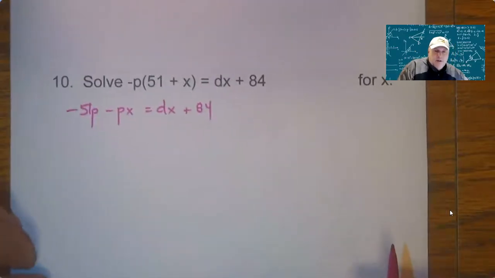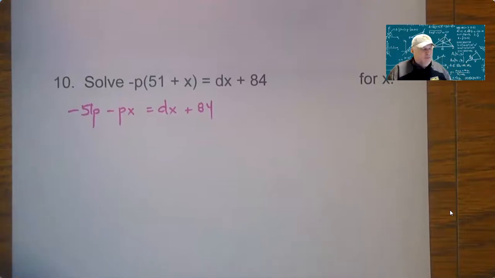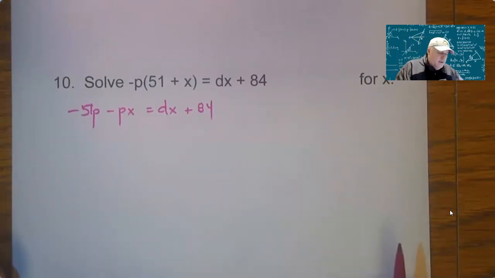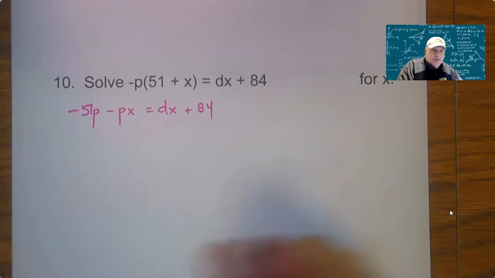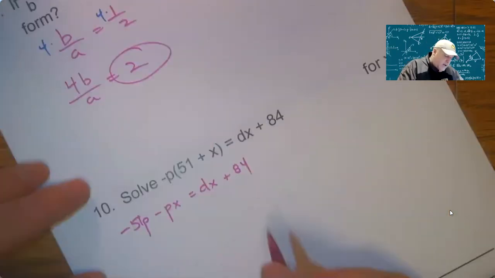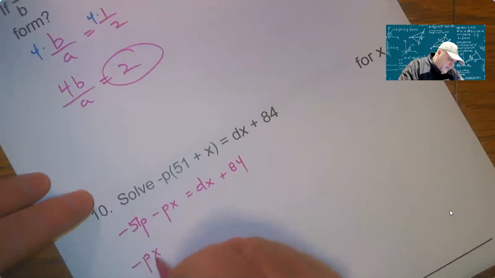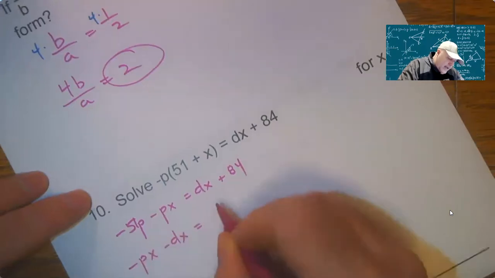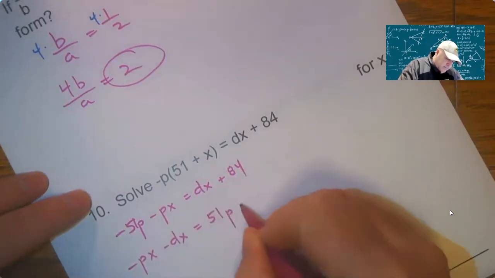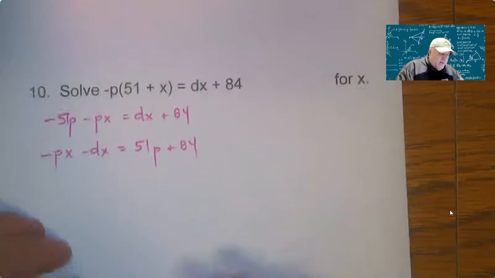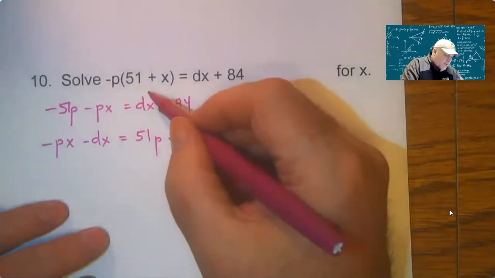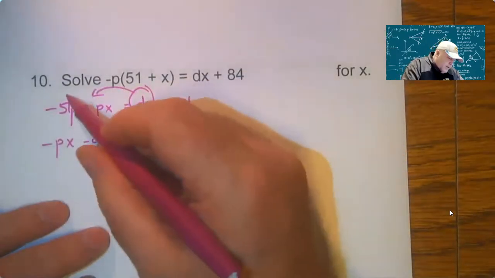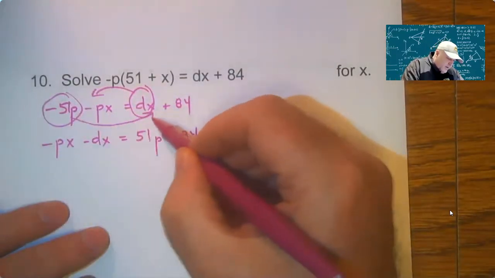Now, what you want to do here that's kind of not included in the list of steps, but we need to get the x term expressions on one side of the equal sign. So I'm going to do that while adding, getting everything else the other way. So this is going to come this way, and the negative 51p is going to go that way.